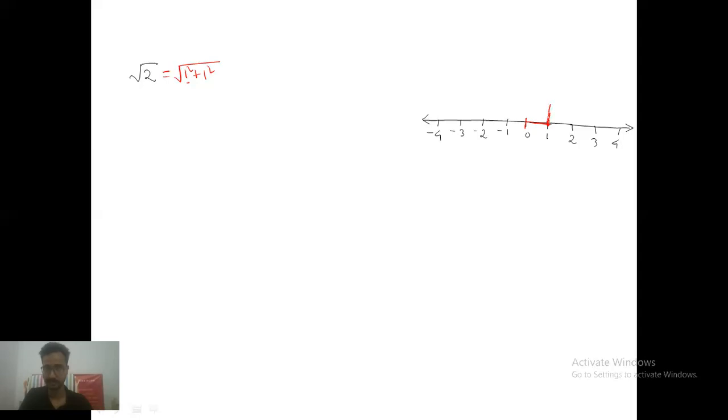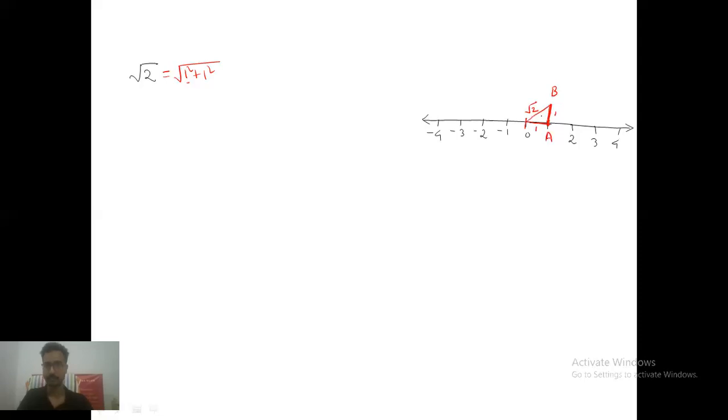On a page, it is not easy to draw. Okay, so 1 unit. Suppose this is your point A. This is your point B. Now when you join OB, this is 1, this is 1. So according to the Pythagoras theorem, this will be root 2.